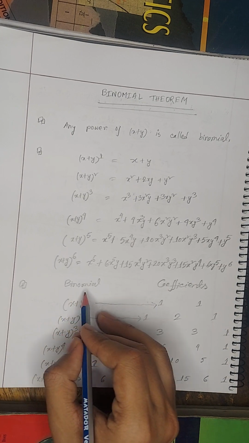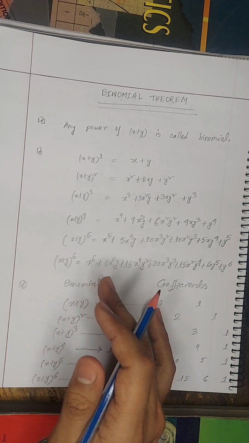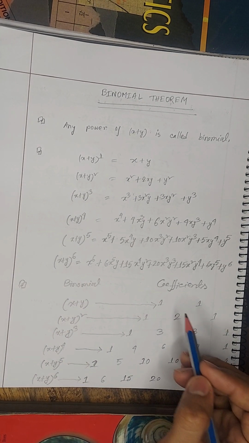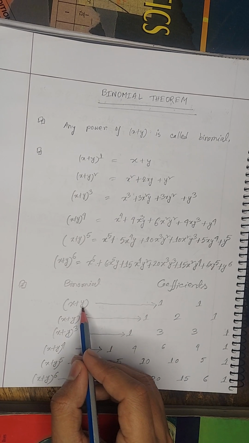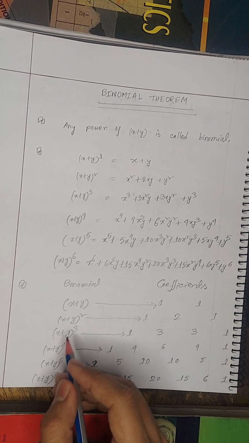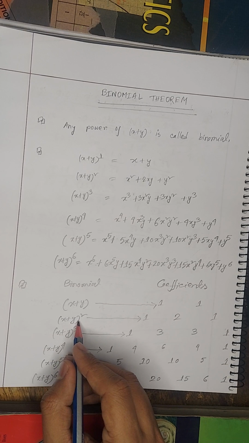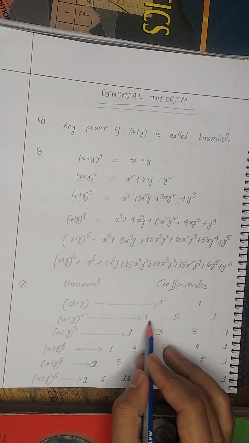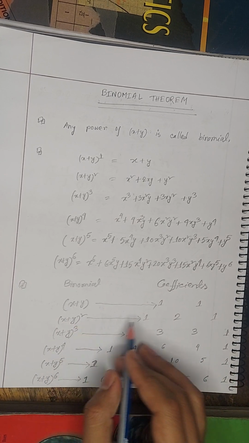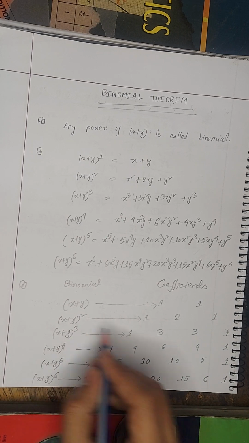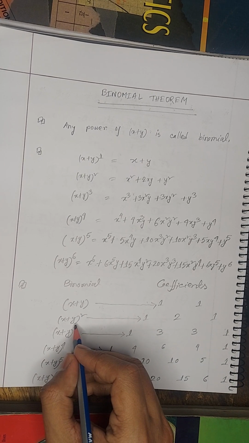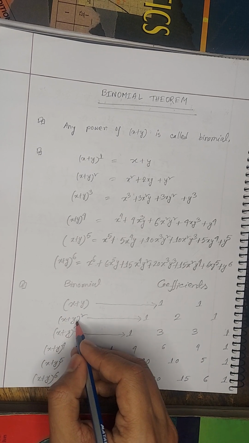So here, see, if this side is binomial and this is coefficient, what is the coefficient of x plus y? It's 1 and 1. If we take x plus y whole square, the coefficients will be 1, 2, 1. This is the coefficient of expansion of x plus y whole square.